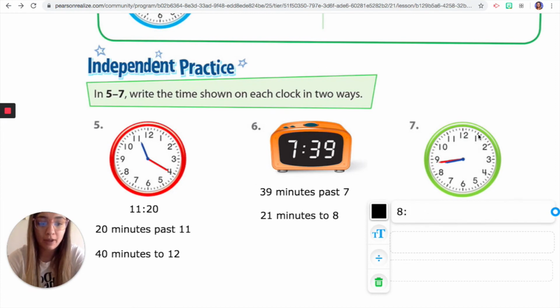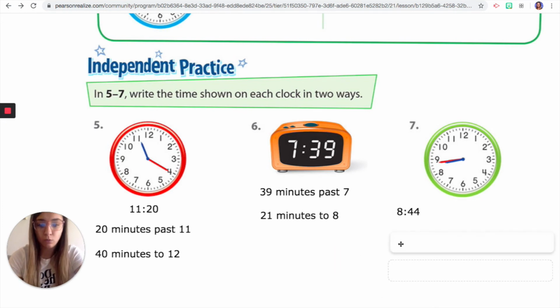I'm going to count by 5s until I get to the closest one. So 5, 10, 15, 20, 25, 30, 35, 40. And I'm going to count by ones because it doesn't seem to be exactly on the 5. So I have 40, 41, 42, 43, 44. So it looks like my time here on this clock is 8:44.